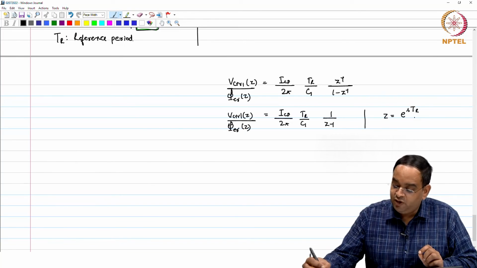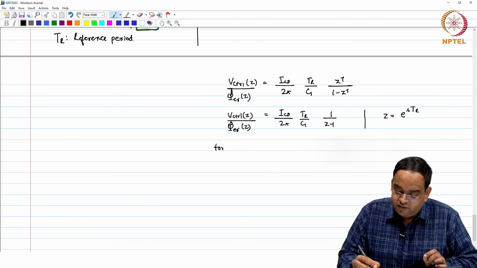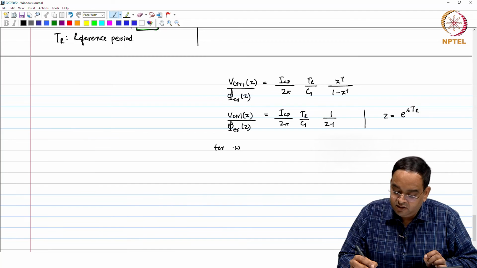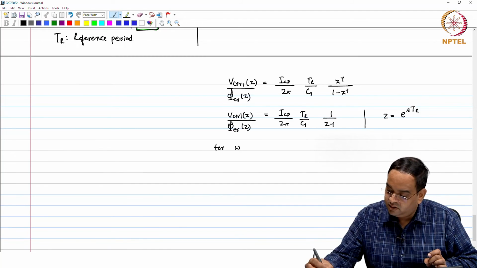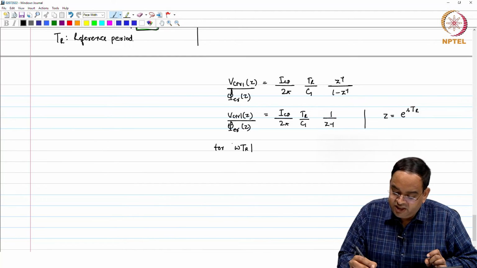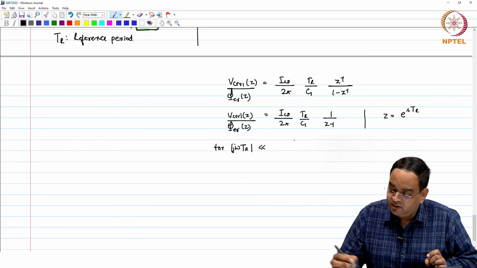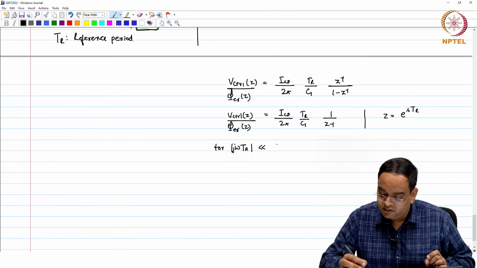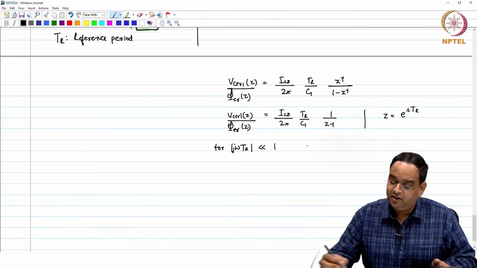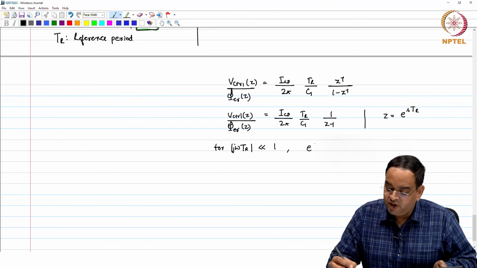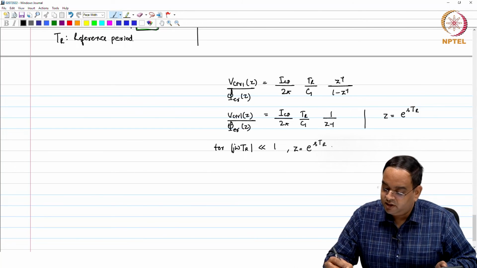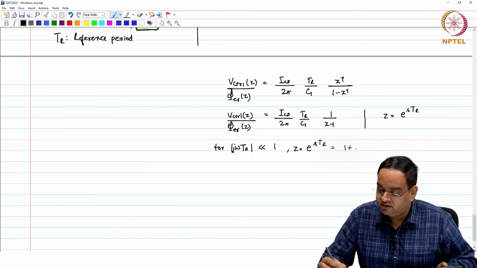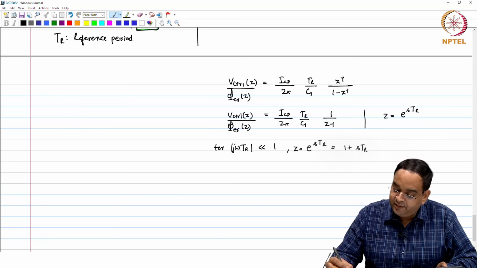Then for frequencies omega such that omega TR is much less than 1, I can approximate e power sTR as 1 plus sTR.